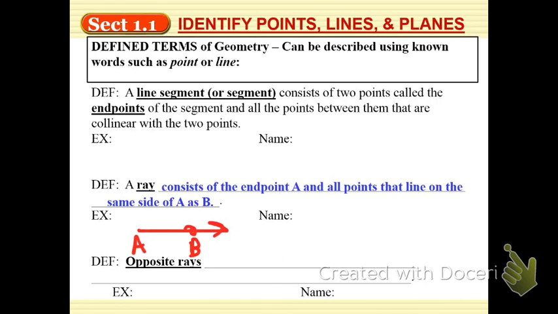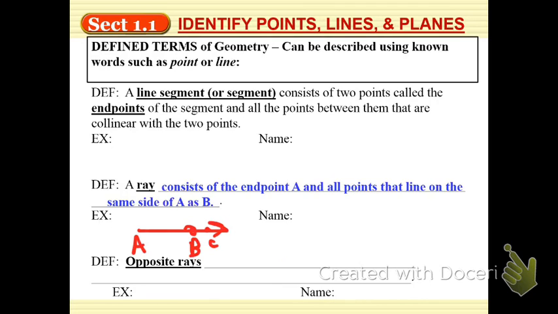If it had another point on it, say C, I could also call it ray AC. Same thing as ray AB, because it keeps going in that direction. So any other point on that ray can come second, but I have to start it with the end point.